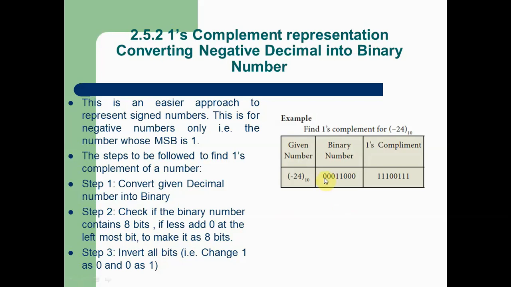Here you can see all zeros are converted into 1 and all ones are converted into 0. So these are the 3 steps. First, convert the decimal number into binary. If there is a shortfall in the 8-bit pack, add the required number of bits. After completing the second step, invert all the bits, that is zeros into 1 and ones into 0. So finally we get the binary equivalent for minus 24 using the ones complement method.